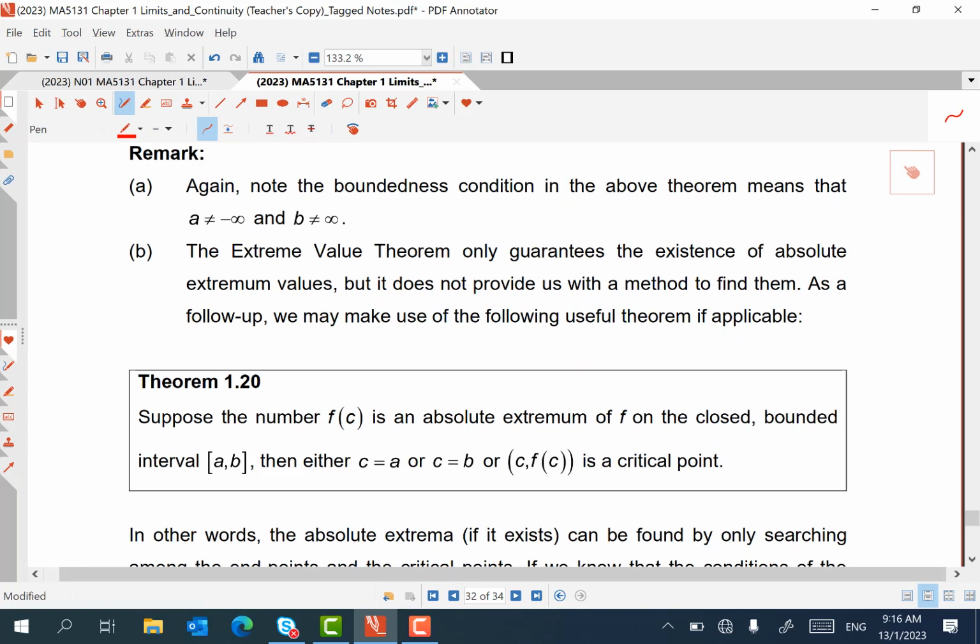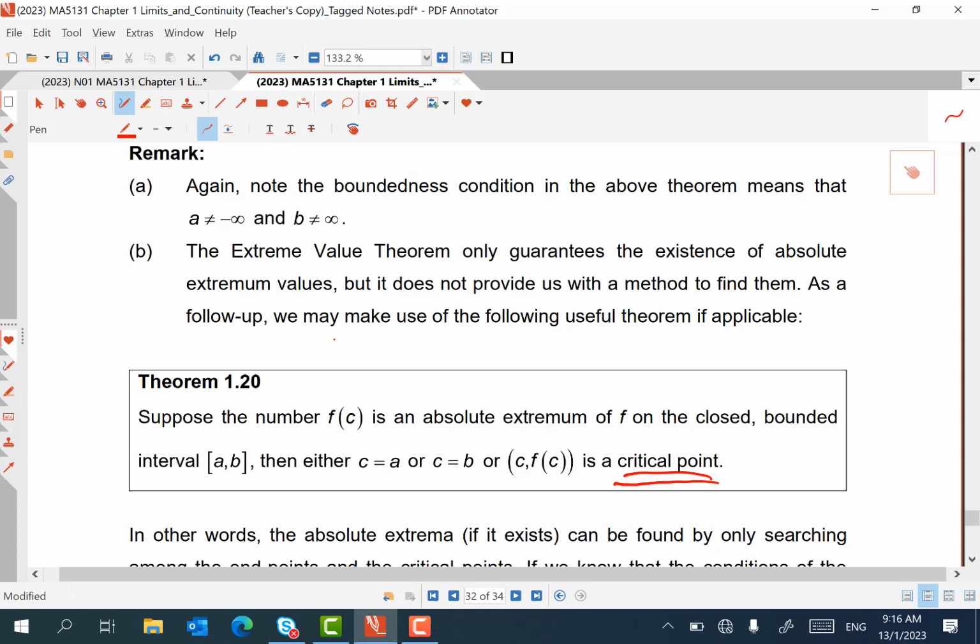Then there is another theorem. Suppose the value f(c) is an absolute extremum of f on a closed bounded interval. Then, okay. Have you seen this word before? Critical point. What is a critical point?